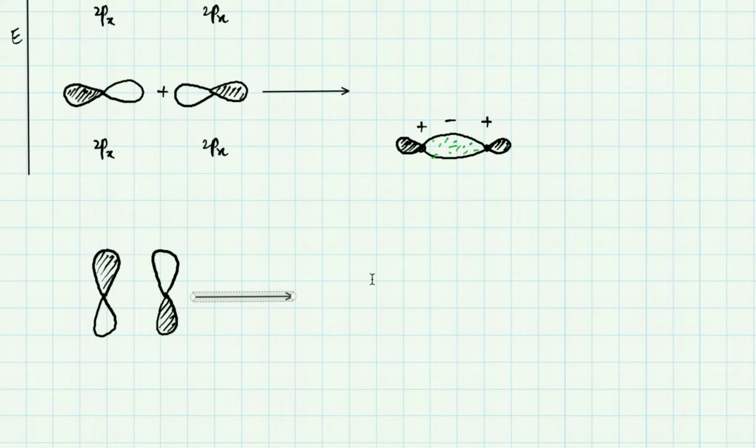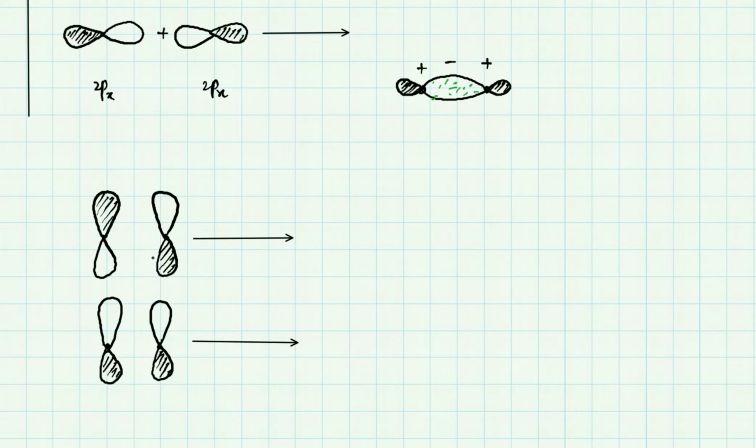They are combining together. Similarly, the other way will be like this, with the same phase.